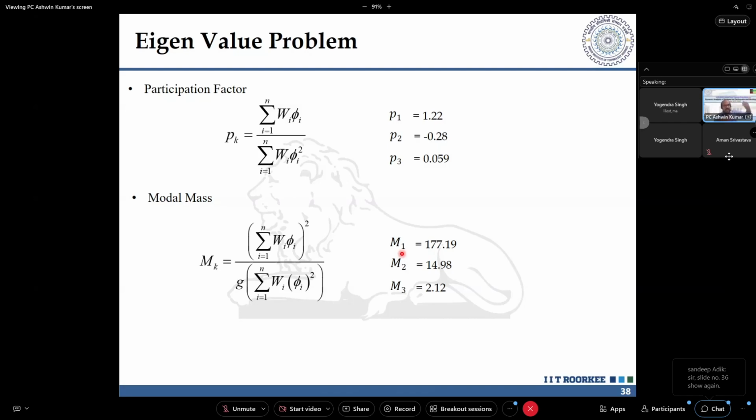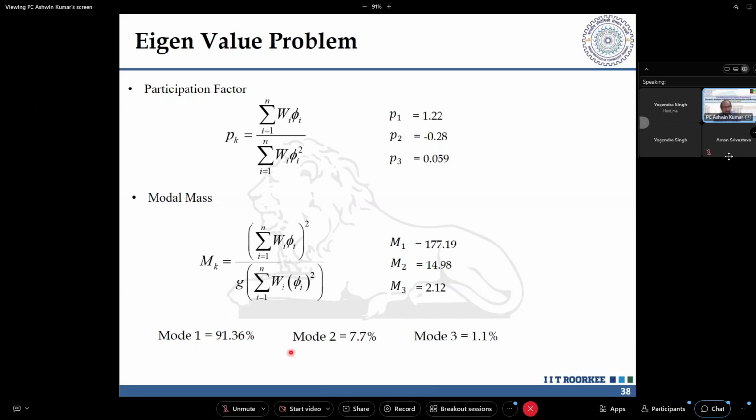If I calculate the total mass, W1 plus W2 plus W3, I get a total W. Out of the total W, how much mass in the first mode comes into the response that I see from the first mode? So you see 177.19, then 14.98, 2.112, in terms of kg or ton, you can take it appropriately. But what you see here is that the mass participation in the first mode is nearly 91.36%.